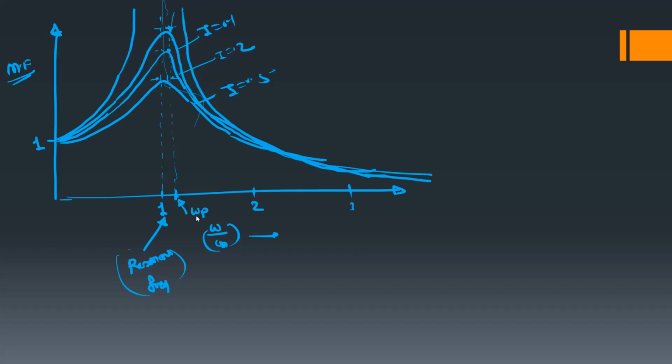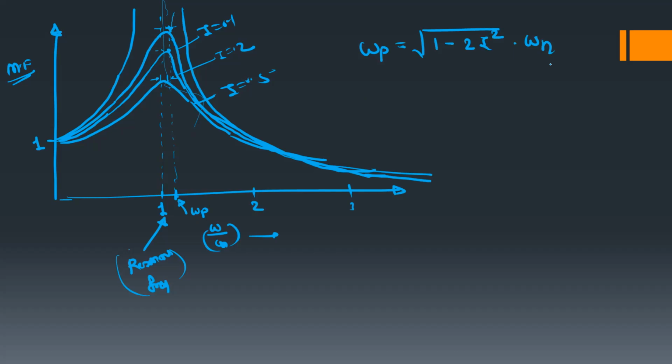This omega p we can find out by differentiation. So I will directly give the equation for omega p. Omega p equals square root of 1 minus 2 zeta square, into omega n.